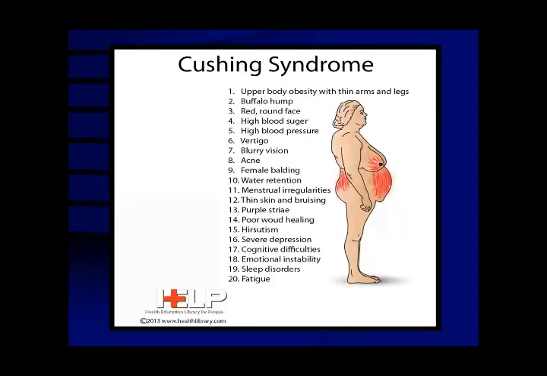You can see that this is the typical picture of Cushing syndrome. There is upper body obesity, due to the deposition of fat cells. You can see it in the area of the neck, abdomen, lower abdomen, breast, and face. This is the Cushingoid face, the moon face.